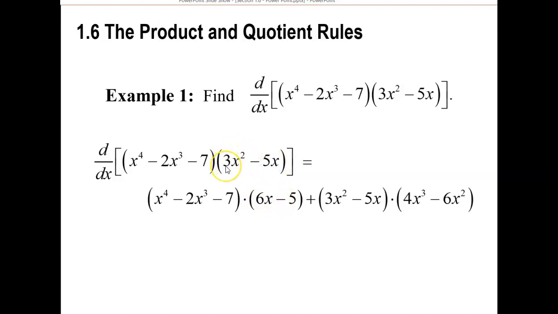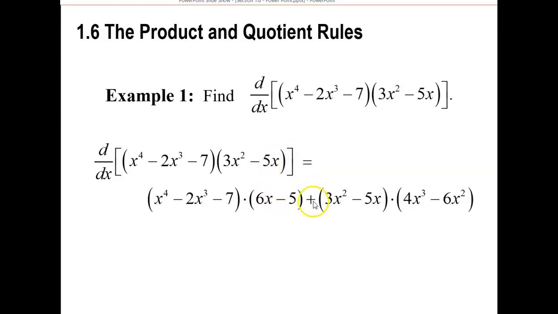So bring down the 2 in front. That gives me a 6x to the first, because this gets reduced by 1, minus, then the derivative of the 5x is just 5. Remember, the derivative of any linear function, meaning a power of x being 1, is just the coefficient.